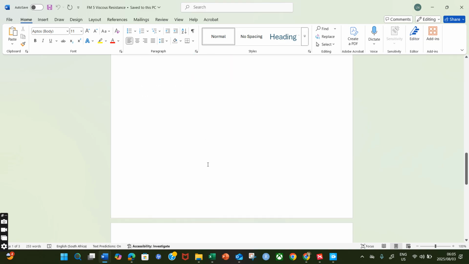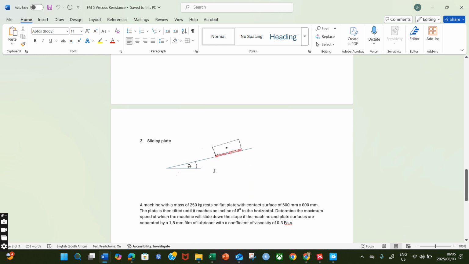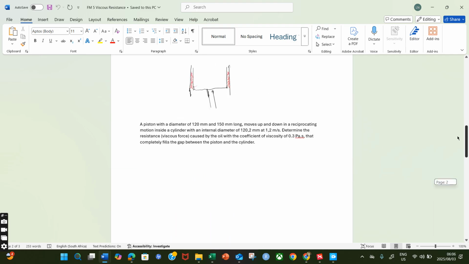We also have the third type of questions, where we have sliding between two surfaces, where we have a component, like in this case a machine, that slides down the slope. Here, that is on a flat plate. Let's take a quick look at the first type of question.